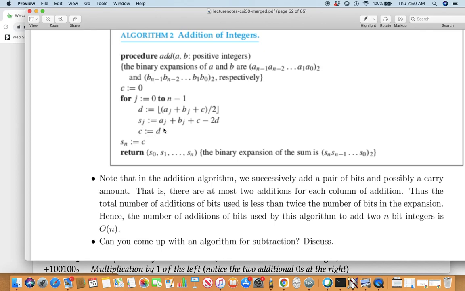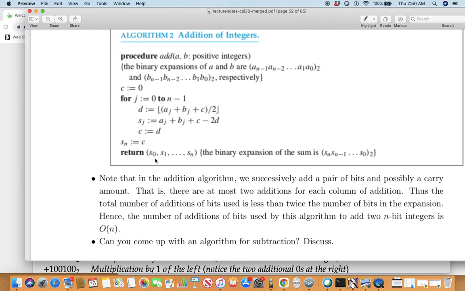That is a new digit. Take Sj to be the sum minus 2d. What does that mean? You are looking for the difference. And d is your carryover, Sj is your remainder, and you continue to add.